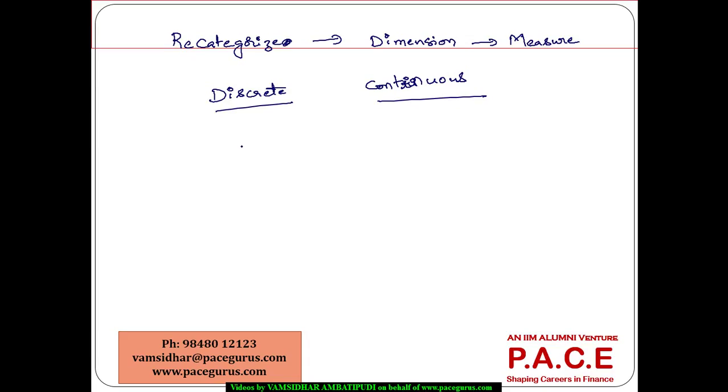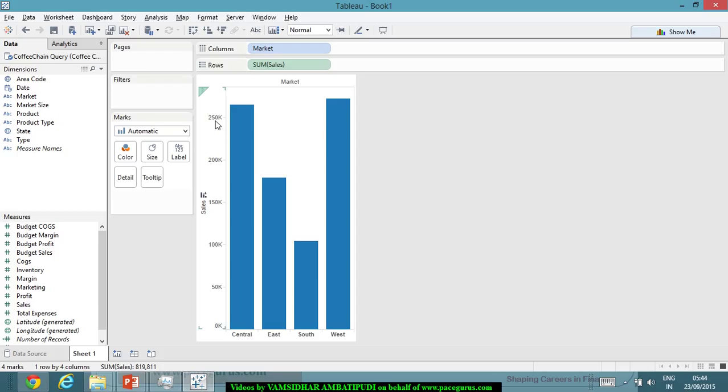One, the color of the icon. If you look at here, the dimensions or the discrete stuff are highlighted with a blue color. These are all dimensions, and in general they are discrete.